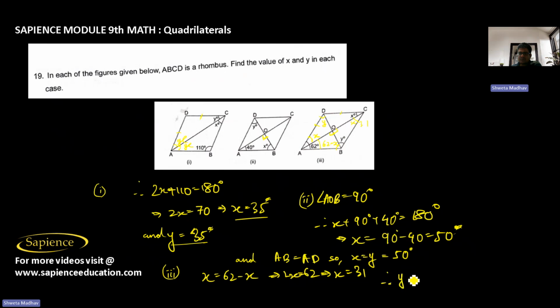So therefore y will be equal to 90 minus 31, since the sum of these three angles is 180. So y will be equal to 90 minus 31, which is 59 degrees. So obviously x is 31 and y is 59. Here in the third part, x is 31 and y is 59.